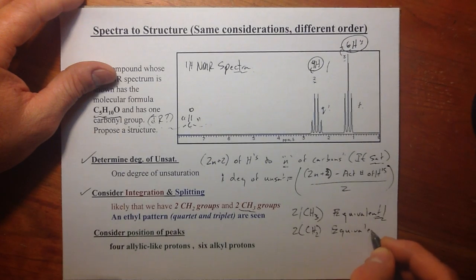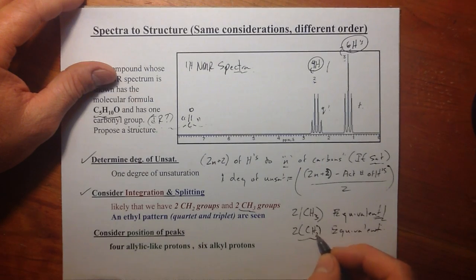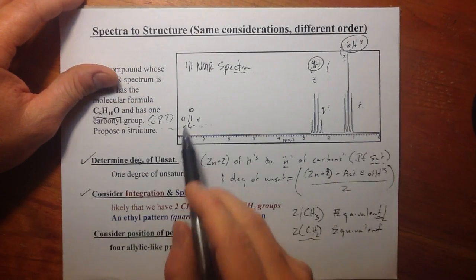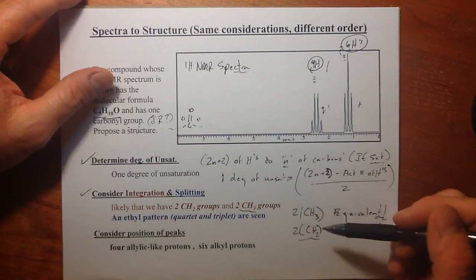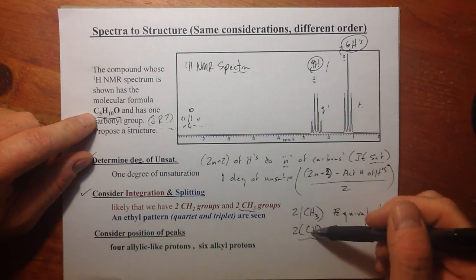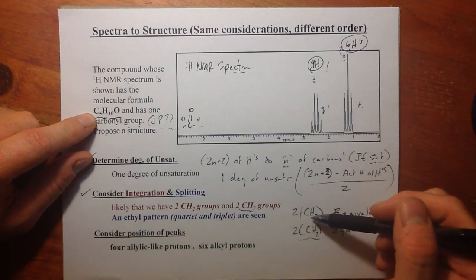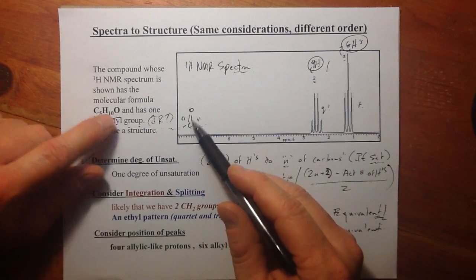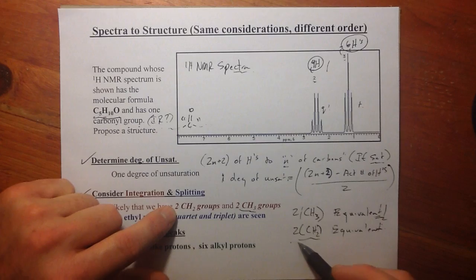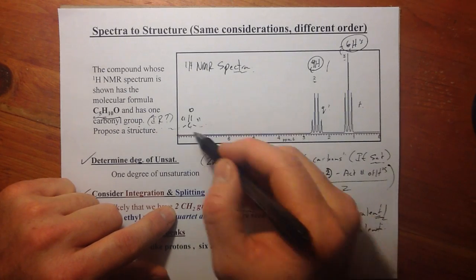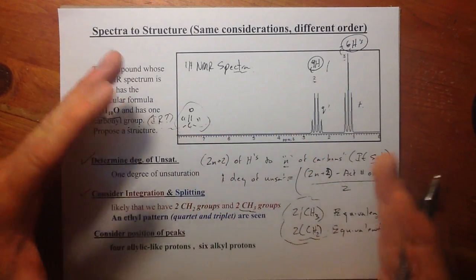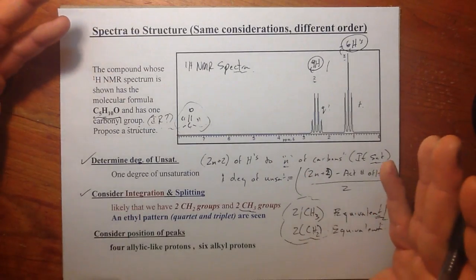We can treat this like a palette and say, this is what I have to work with. I've got 2 of these groups, 2 of these groups, and a carbonyl, and I'm looking at my number of carbons: 5, 2, there's 2 more, that's 4, this is 5, I have my 1 oxygen. These are my groups on a palette, so to speak, that I can build the structure from.